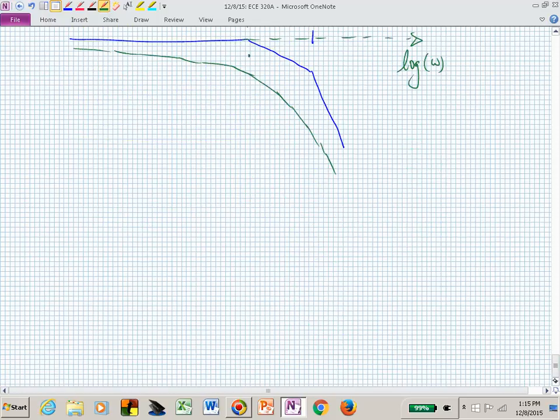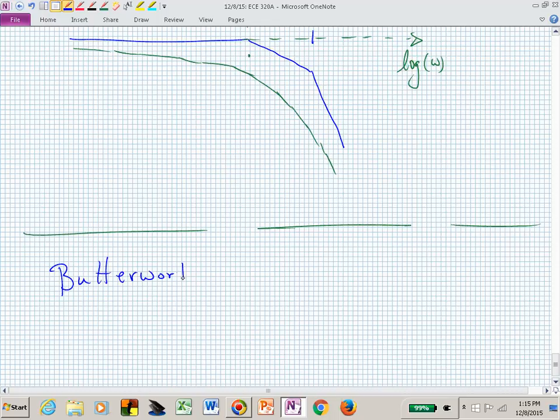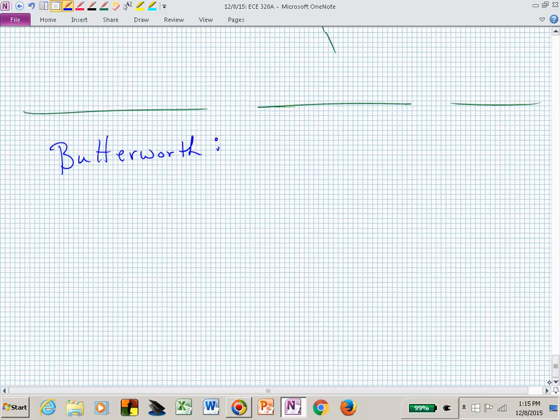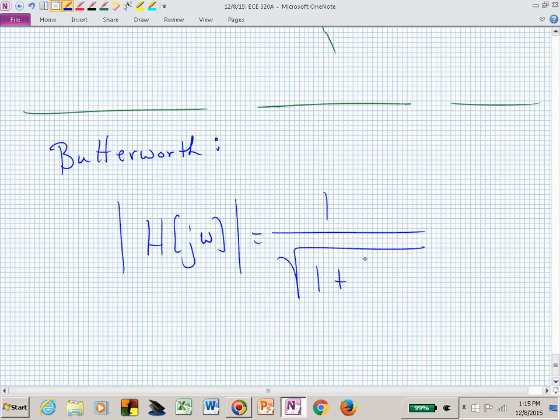We want a more effective way of introducing orders to create these, and the Butterworth transfer function for all orders in terms of its magnitude has the following structure. If we look at H of j omega's magnitude, it's going to be 1 over the square root of 1 plus omega over omega c, where omega c is our cutoff frequency, that's 1 in a normalized filter, raised to the 2n.